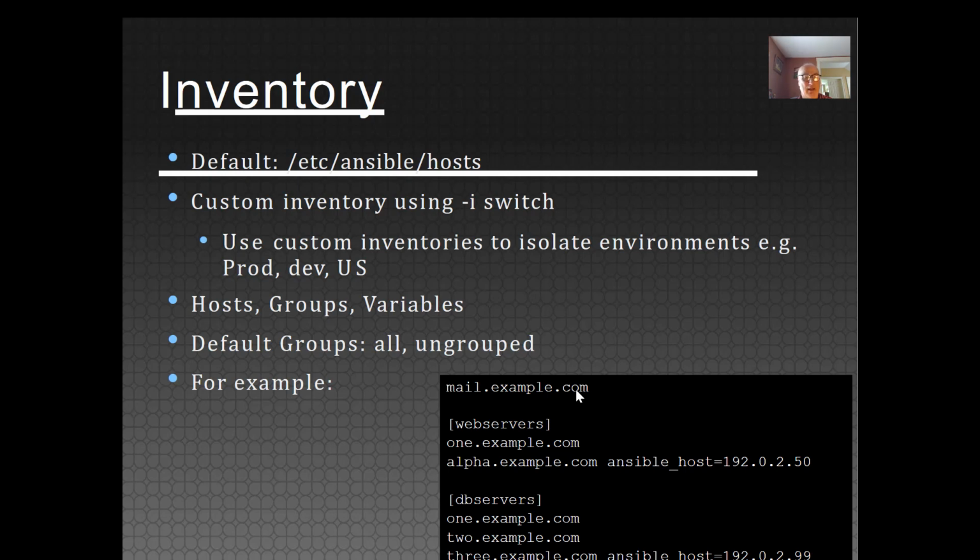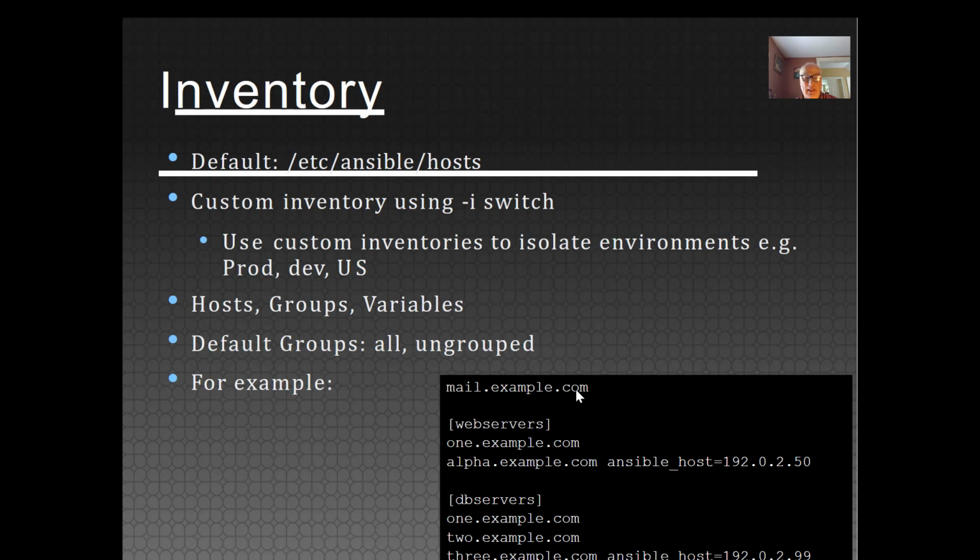So with ad hoc commands, you can come up with an ad hoc inventory. And then you have hosts, you have groups, and you can include variables in here also. What you see here in the example is that we've got 2 different groups: web servers and DB servers. The web server group has 2 devices in it.